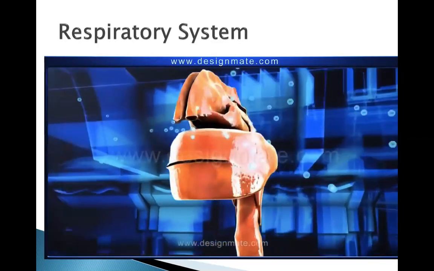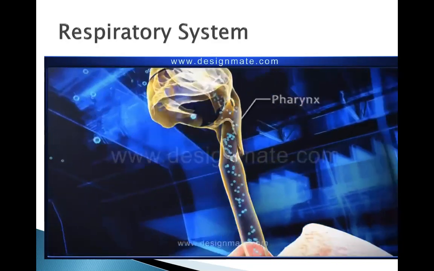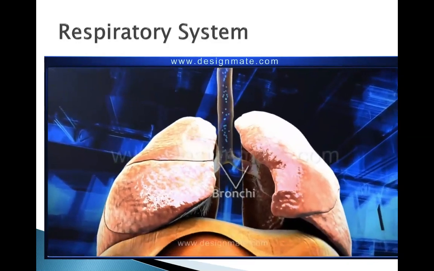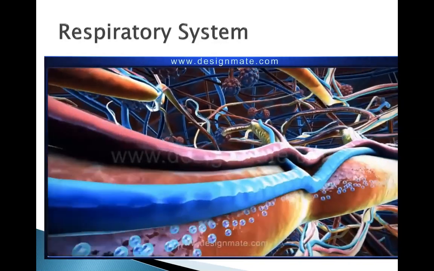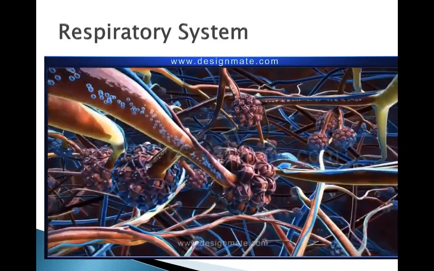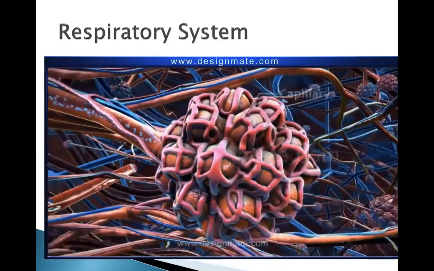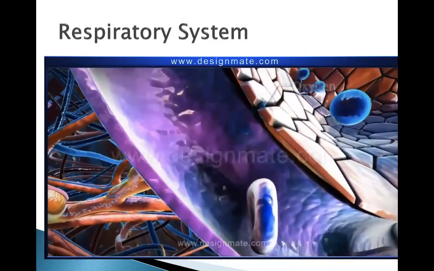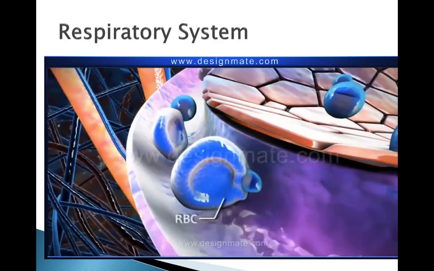As we breathe, the oxygen molecules enter the nostrils and travel downwards through the pharynx and trachea to finally reach the bronchi. From each bronchus, oxygen travels into the lungs. Within the lungs, the bronchus divides repeatedly to form bronchioles. Oxygen travels through these bronchioles and reaches the alveoli, each of which is surrounded by a network of capillaries. As blood flows through the capillaries, the oxygen molecules from the alveolus diffuse into the capillary. This causes oxygenation of the RBCs.